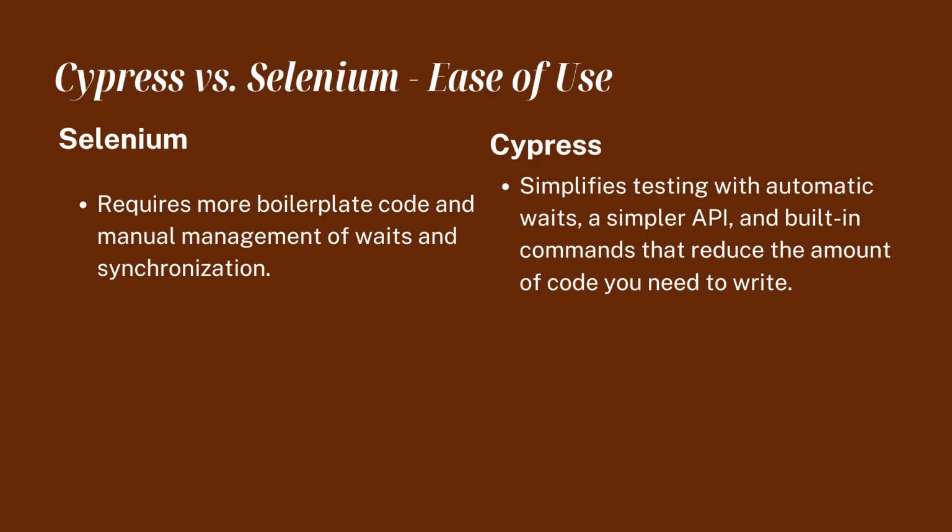If you understand a few simple statements or commands, then that is enough for you to write working scripts, and you don't have to worry a lot about the internal workings as such. Okay, and that's why I like Cypress if you're starting new with automation.